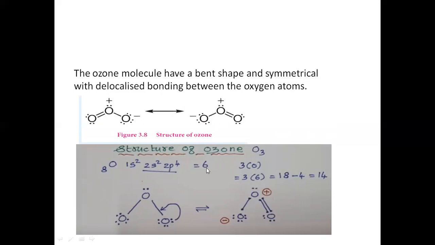But the oxygen valency is 6, so 1 electron is deficient here, and we put a plus sign here. Like that, we check this oxygen: 1, 2, 3, 4, 5, 6, 7. Oxygen valency is 6 only, but there is 1 extra electron, so we put a minus sign here.